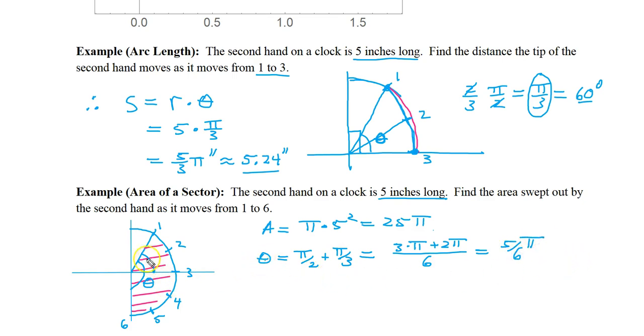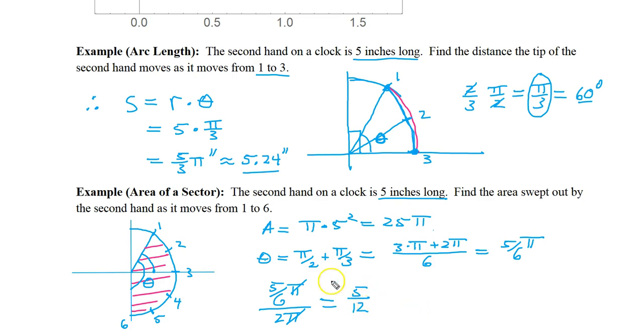Okay, so now the fractional part that the shaded region is of the entire circle is going to be 5/6 pi divided by 2 pi. And so that equates out to, the pi's will cancel here, and so we'll get 5/12.